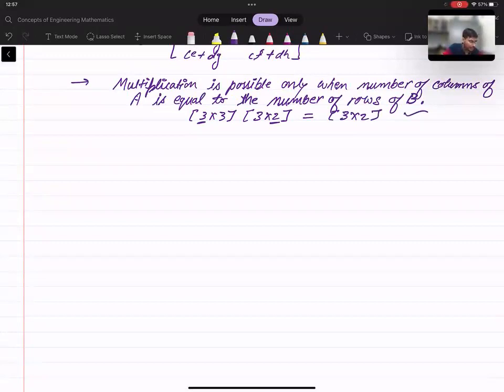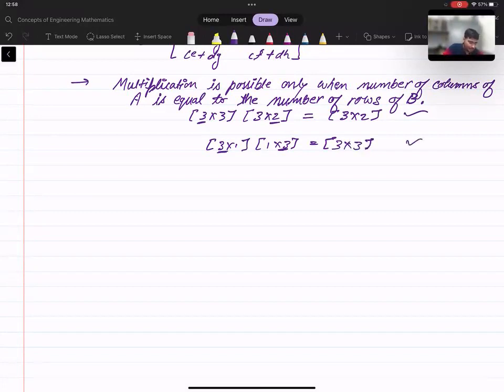Similarly, if there is a matrix with dimensions 3 by 1, and it is being multiplied with a 1 by 3 matrix, again this is feasible and will result in a 3 by 3 matrix.